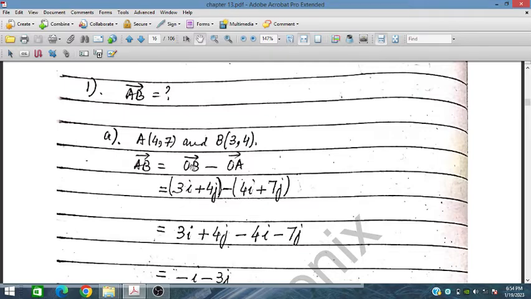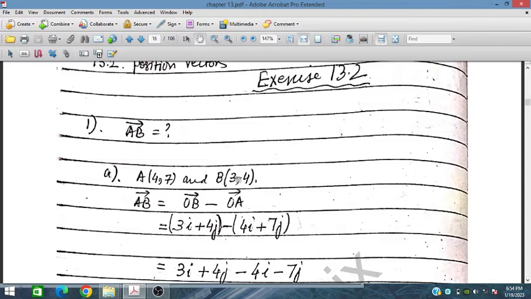OB is basically 3i, the position of B from O. So this is 3i plus 4j. And A is O to A, which is 4i plus 7j.